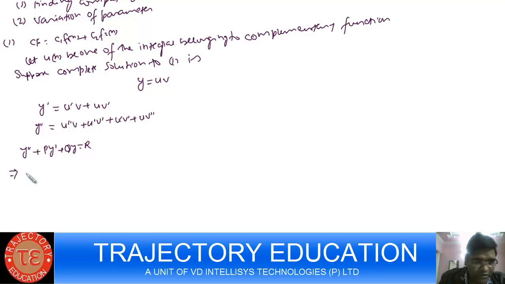this will become u v double dash plus p, this is u dash v plus u v dash, equal to r.